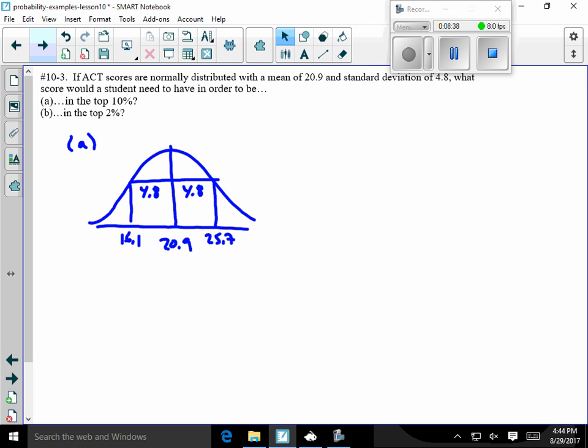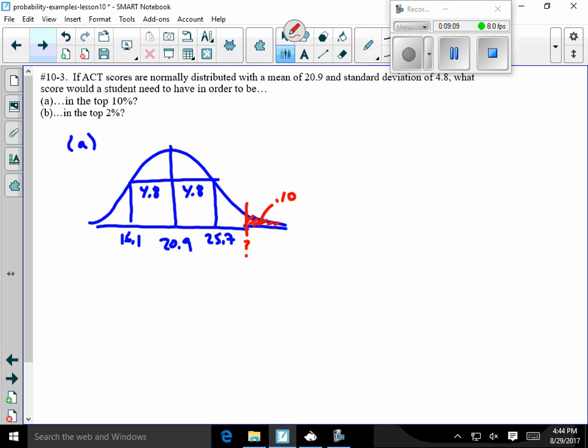I'm trying to say what score would put me in the top 10%, right? So the top 10% maybe is this much. I'm trying to estimate how much of that area under the curve is 10% on the upper side. So maybe like that. My goal is, I know now that this area is 0.10, 10%, and this boundary is what we're after.